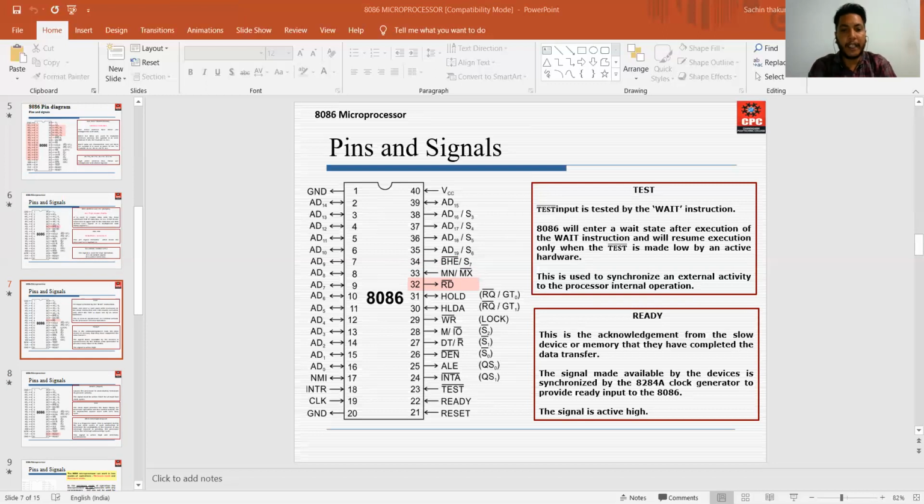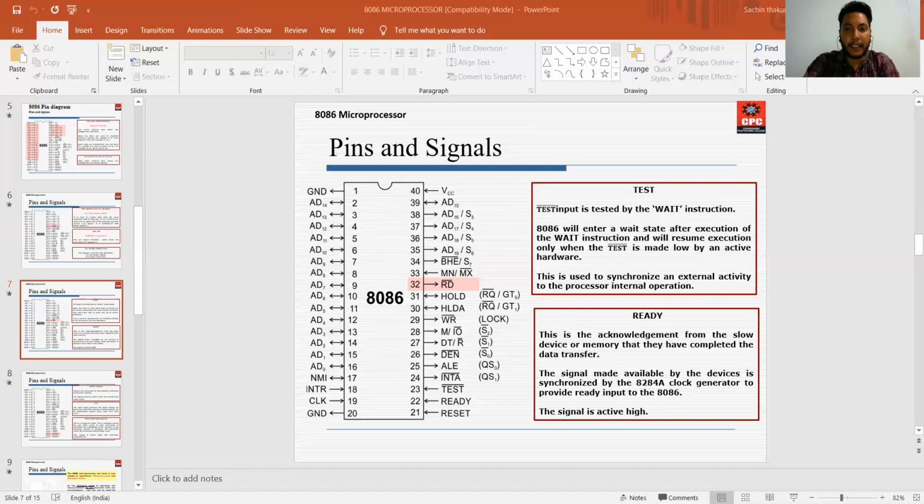This signal is active high, and the signal made available by the devices is synchronized by the 8284A clock generator to provide the ready input to the 8086 microprocessor. It means the microprocessor is ready to take signals. Okay. Now next is the test pin.